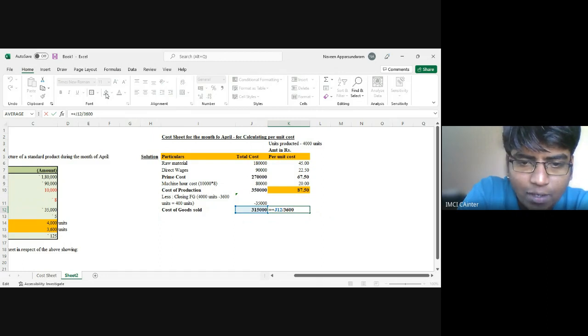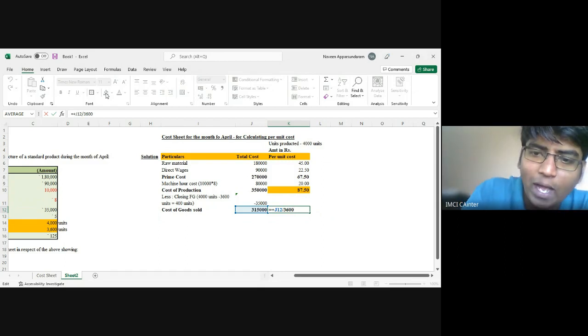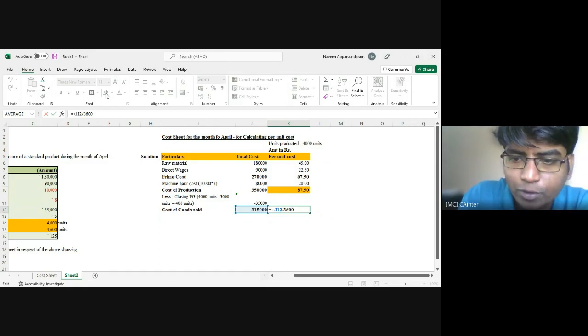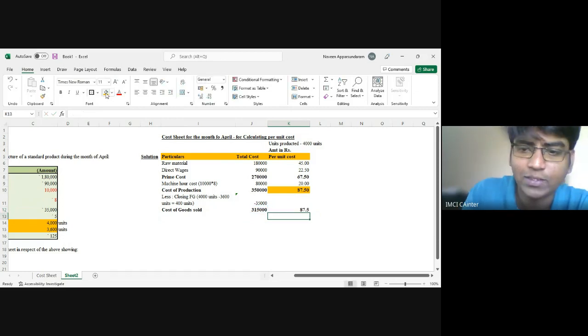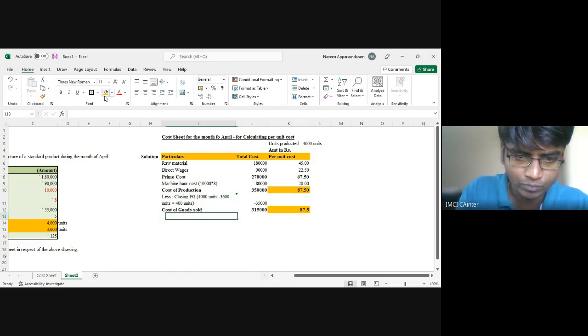Now from the cost, we have removed the finished goods. So only for 3,600 units are we arriving at cost of goods. Because for the 400 units we have removed the per unit cost. So again it will not be for 4,000 units, it will be for only 3,600 units. That is why we are arriving at the cost of 87.50.